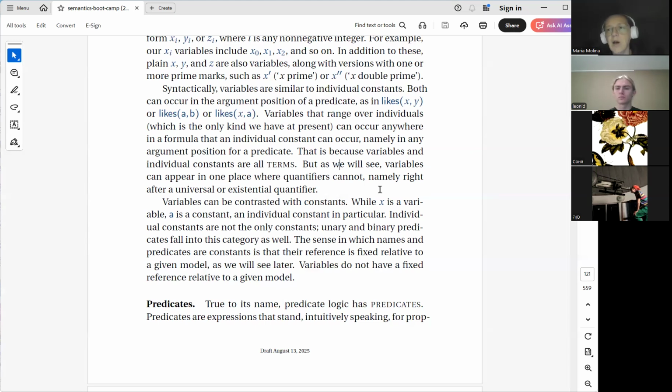Because when we say all of them, or when we say some of the set, we do not mean a certain person, right? We mean some. So it might be this or this or this. And so after a universal or existential quantifier, only a variable can stand.